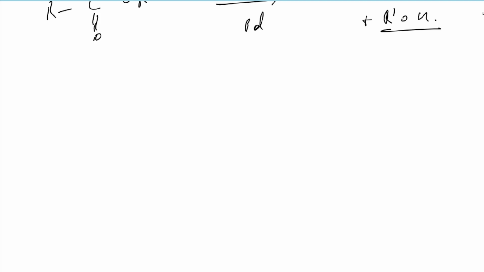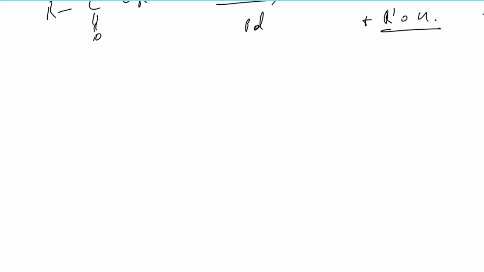So either we can prepare them from alkenes or aldehydes or ketones or alkyl halides. For preparing them from alkenes, we have the acid catalyzed mechanism. Next is the hydroboration oxidation reaction.